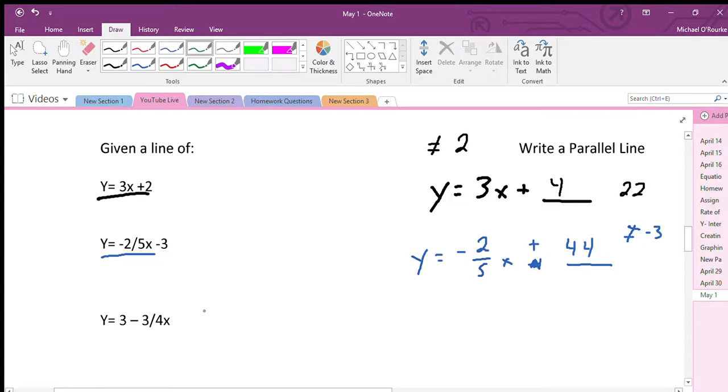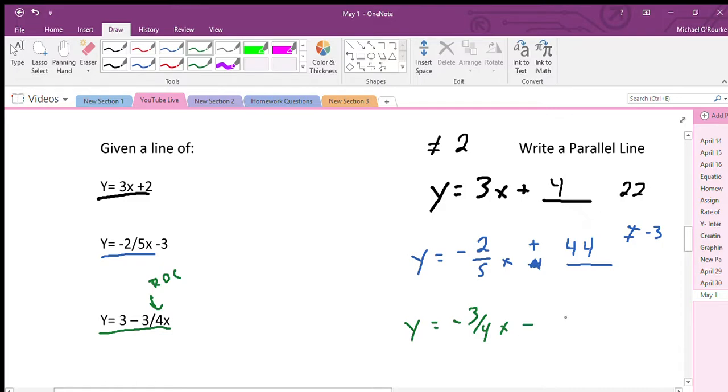And the last one, this one's mixed up a little bit because this is the slope. This is the rate of change. Okay, remember the rate of change is always beside the variable. So let's write it down here. Now I like to write the rate of change first. So I could just change it up and write like this.